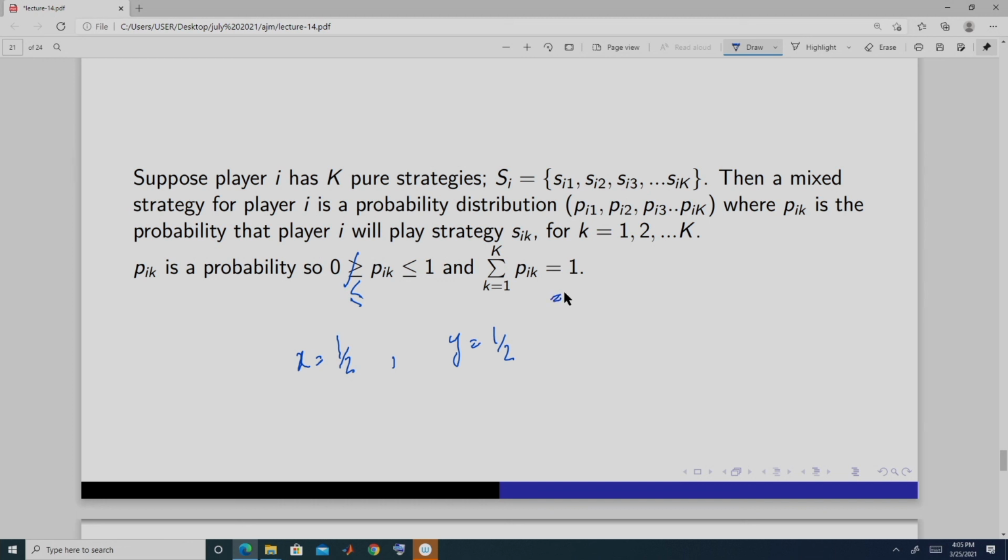So we are attaching some probability to each action, and when it is a best response compared to the other players' strategies, then it is a mixed strategy equilibrium.